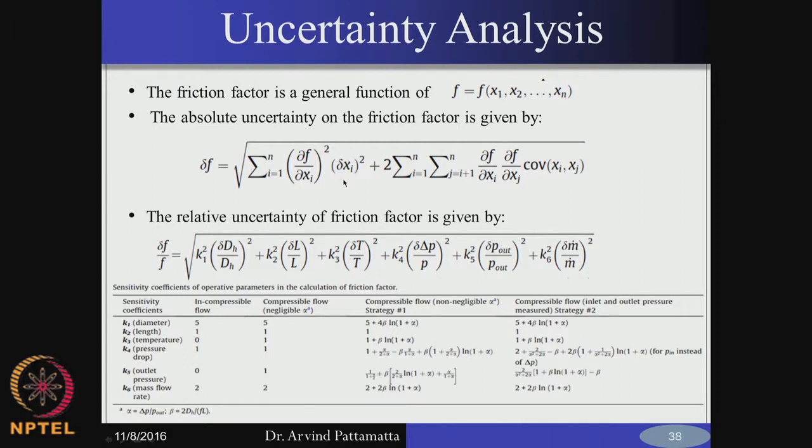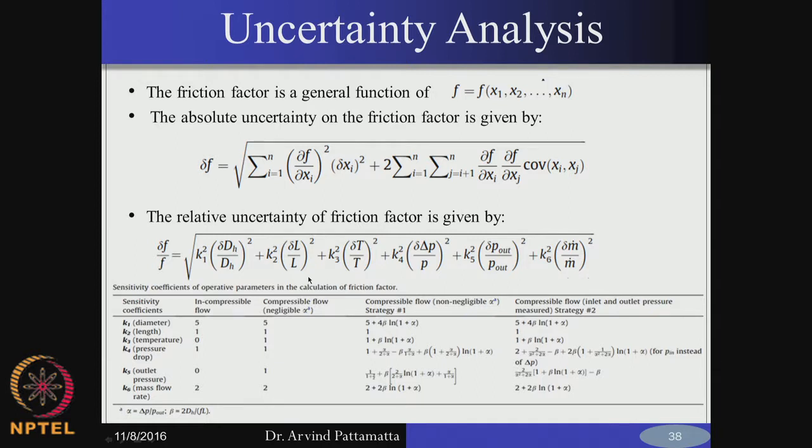Okay. Now the friction factor is a function of your length, your diameter. It could be a function of temperature, it is a function of delta P, for example pressure losses at the outlet, and it is a function of mass flow rate, because mass flow rate is related to your velocity. Out of which you can rule out some, so you can give weightage to certain factors.